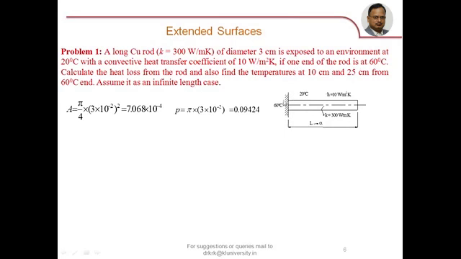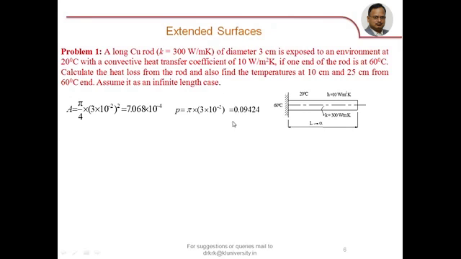One end of the rod is at 60 degrees centigrade. Calculate the heat loss from the rod and also find the temperatures at 10 centimeters, 25 centimeters from the 60 degrees end. Assume it as an infinite length case.